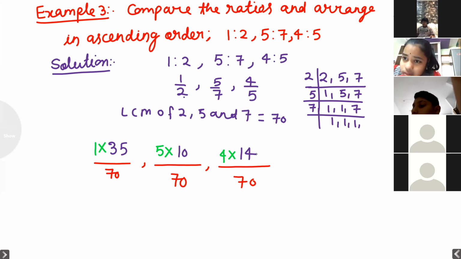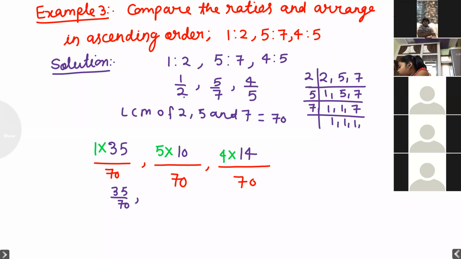Now I have to multiply: 35 into 1 is 35, 10 into 5 is 50, 14 into 4 is 56. So 35 by 70, comma, 50 by 70, comma, 56 by 70.